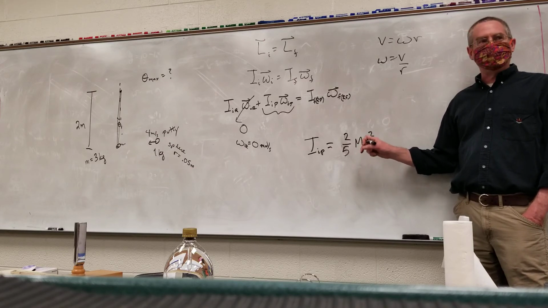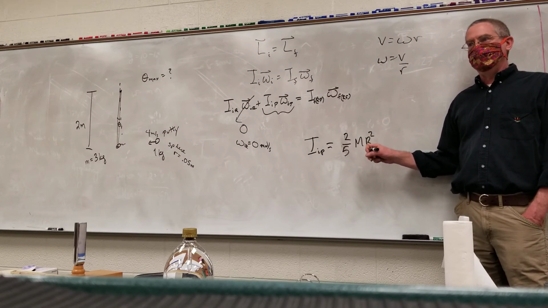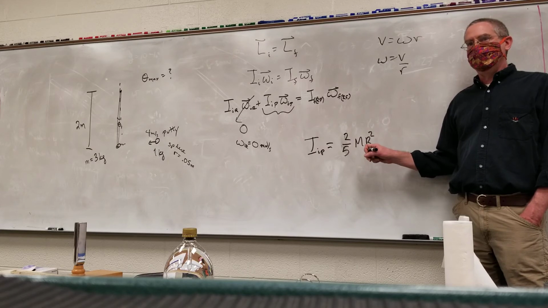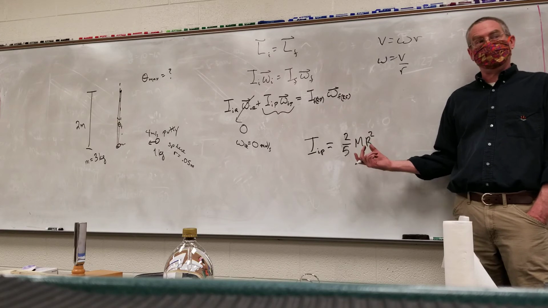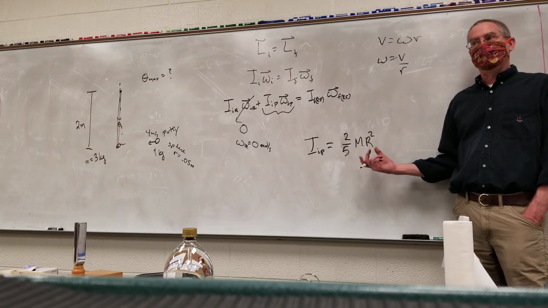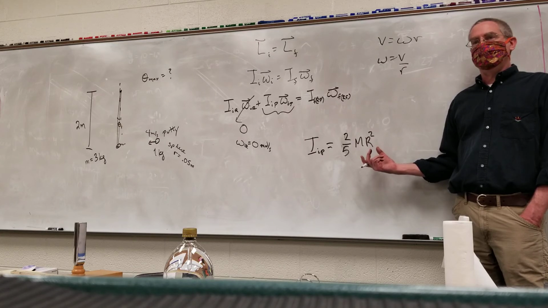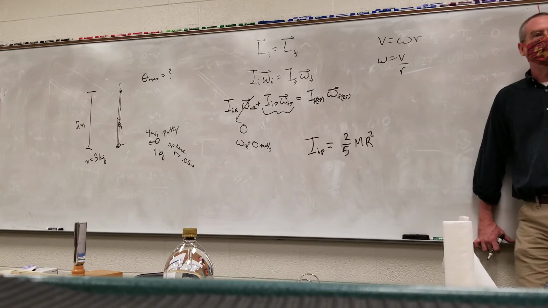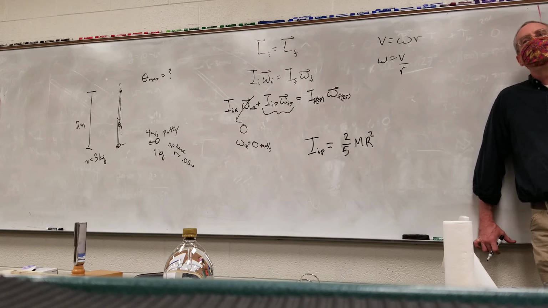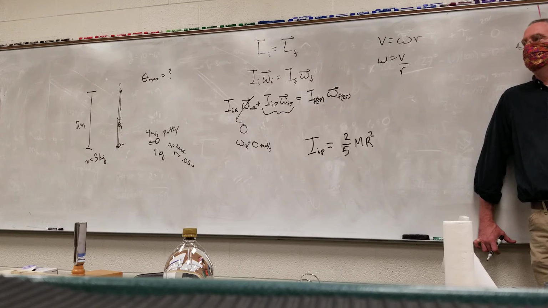Why can we not use this by itself? This is a formula for the moment of inertia of a solid sphere. Is it because the putty squishes whenever it hits? No. Doesn't that assume that the axis of rotation is inside the sphere?